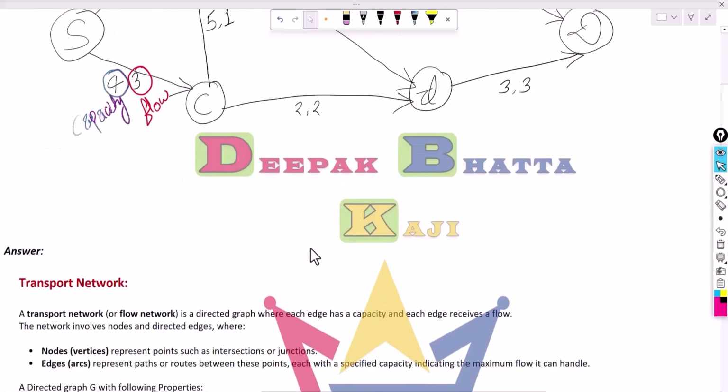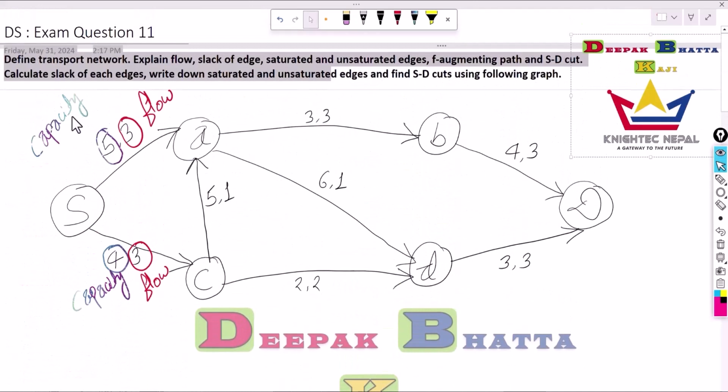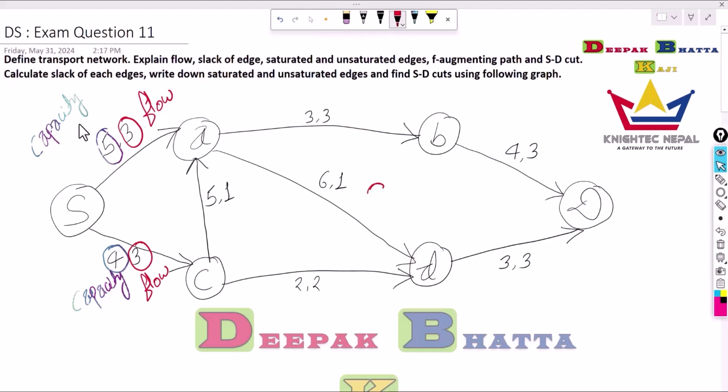In the above graph we have capacity and flow, which we already discussed. First thing first, we need to determine which one is capacity and which one is flow. After that, we need to calculate the slack of every edge using the formula, slack equals capacity minus flow.